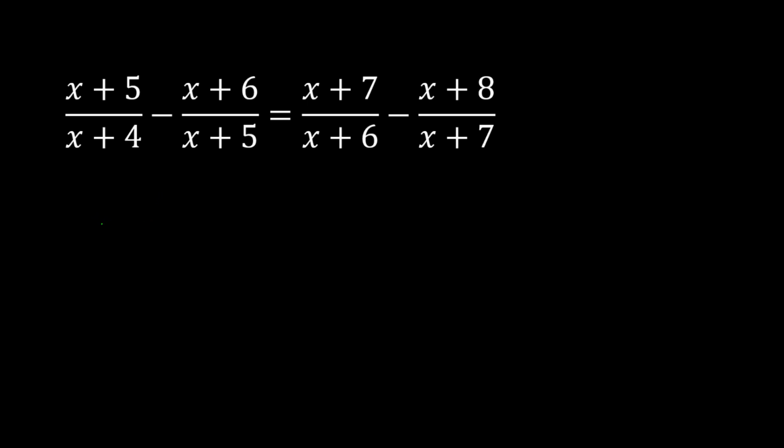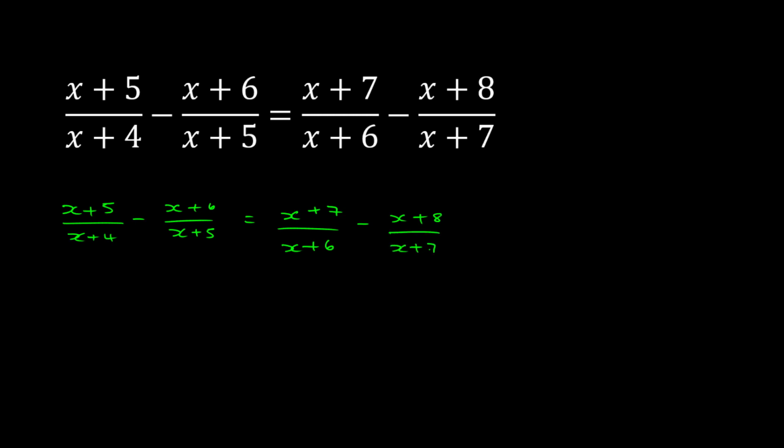So let me rewrite what we actually have. So x plus 5 over x plus 4 minus x plus 6 over x plus 5, and this is equal to x plus 7 over x plus 6 minus x plus 8 over x plus 7. Okay, great.